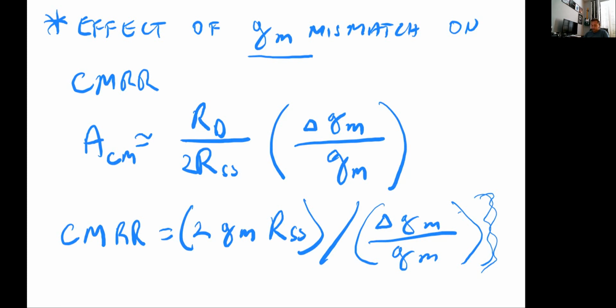Those do exist. But we're going to look at the effect of converting to single-ended on the common mode rejection ratio. So let's look at that as another reality, because most op-amps are single-ended outputs.